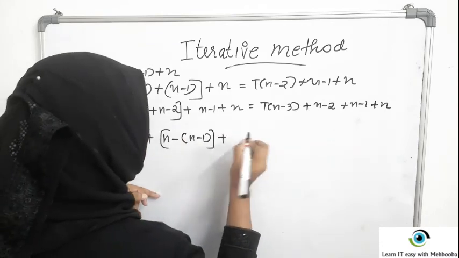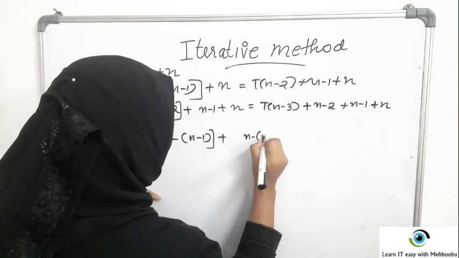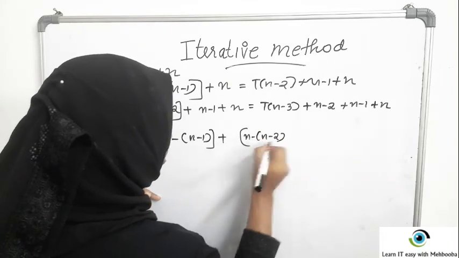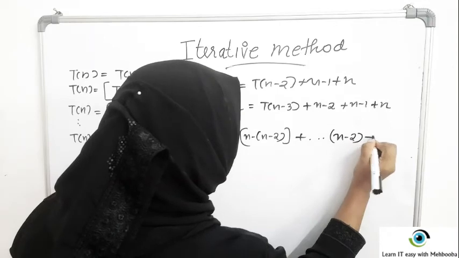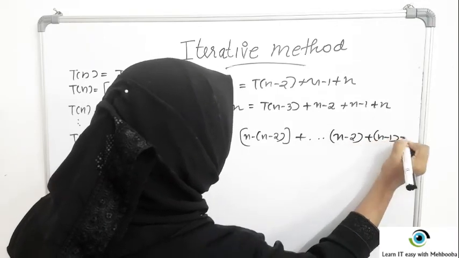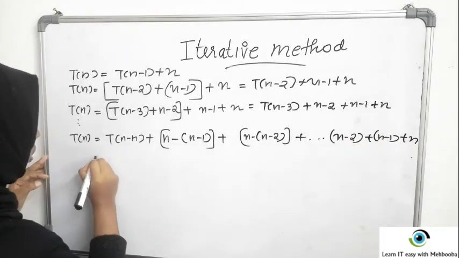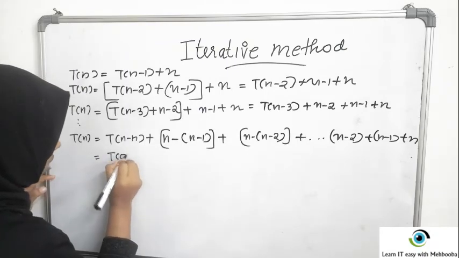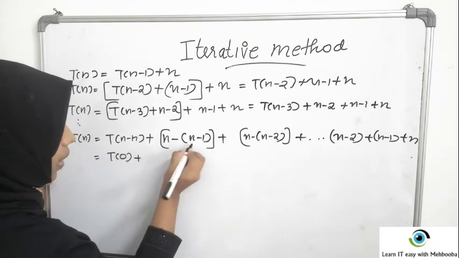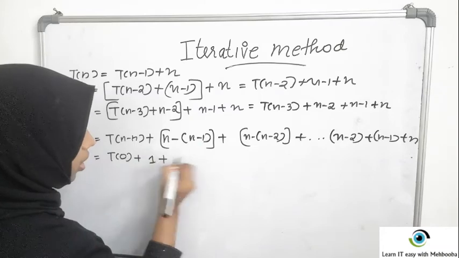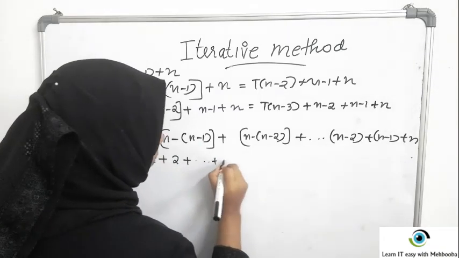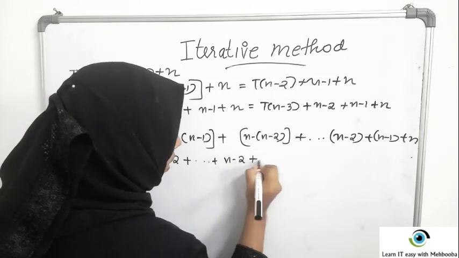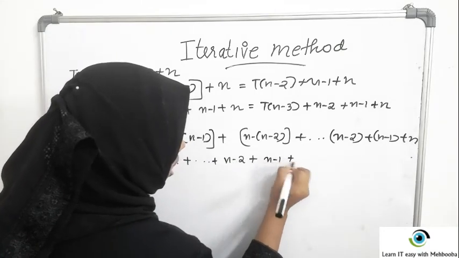Plus n minus 2, etc. So T of n minus n is T of 0 without any doubt. n minus (n minus 1) is 1. n minus (n minus 2) is 2, plus etc., plus n minus 2 plus n minus 1 plus n.